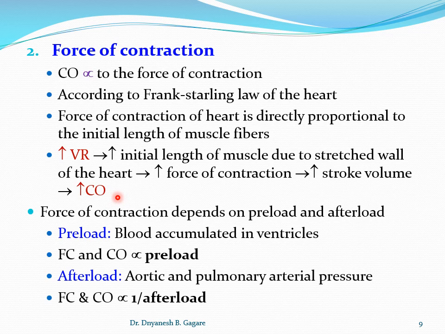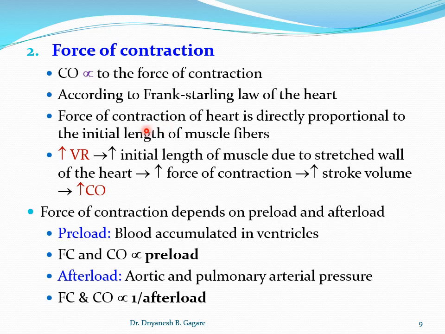Okay, so here, students, I am not going into detail on the Frank-Starling law. We already studied it many times. Why is there more contraction if the initial length of the muscle is more?